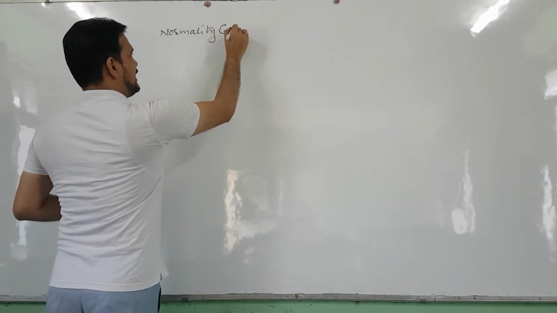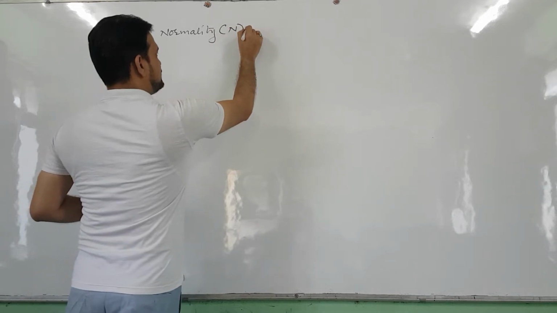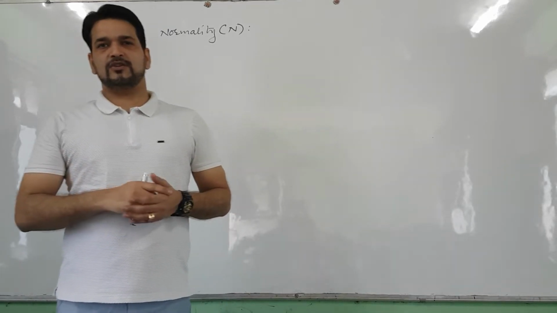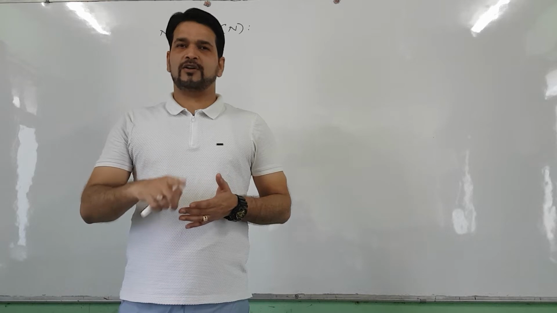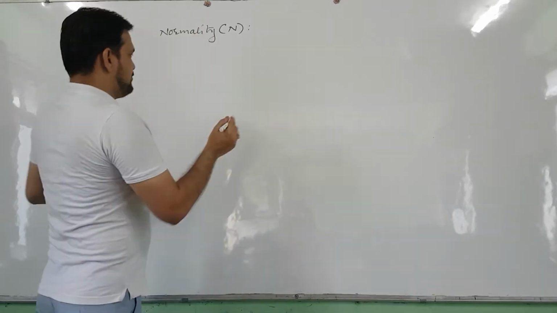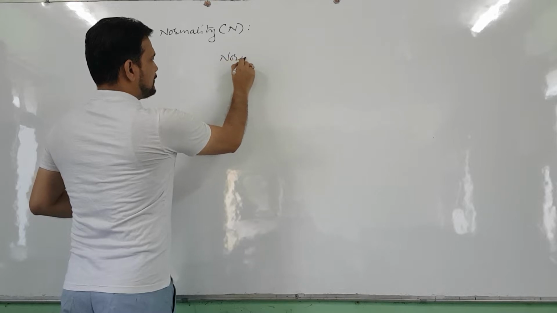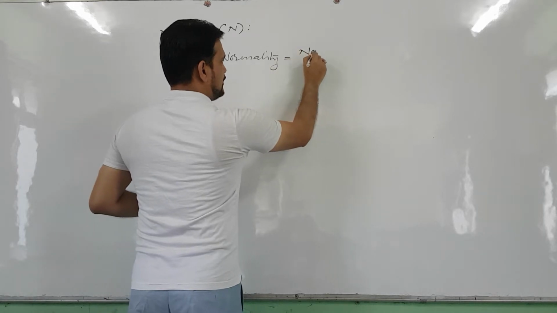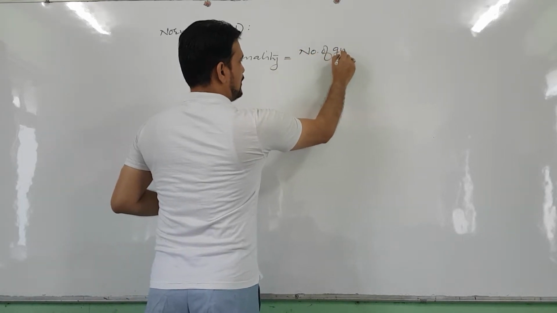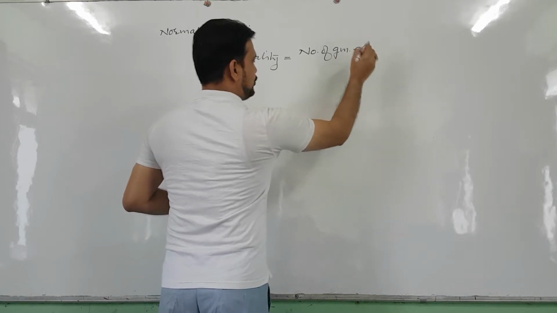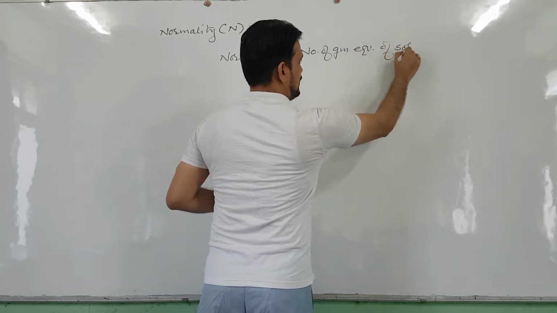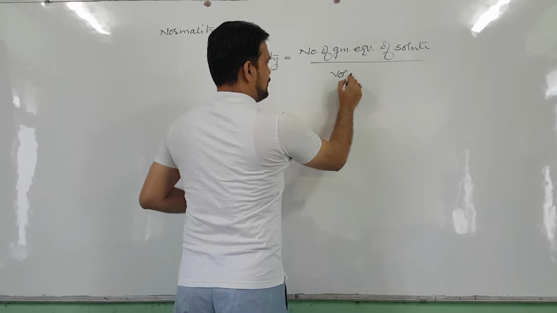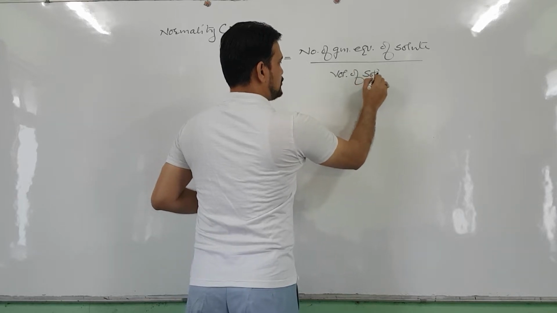Normality is expressed by capital N, and it may be defined as the number of gram equivalents of the solute dissolved per liter of the solution. And mathematically, normality is equal to number of gram equivalent of solute divided by volume of solution.